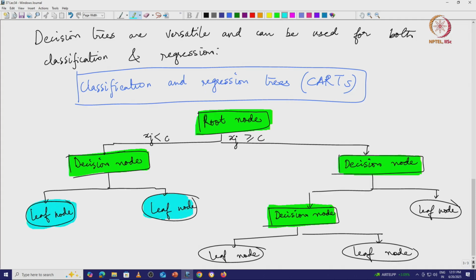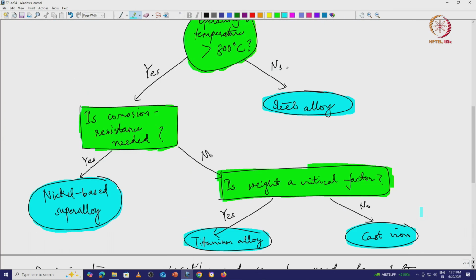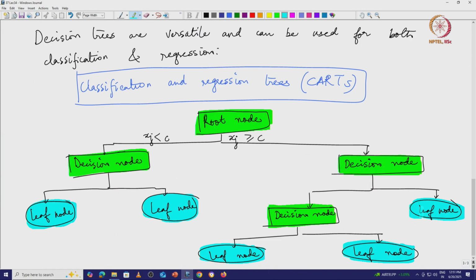So these are the leaf nodes, and the green ones are the decision nodes, and you can link that back to the example we looked at there.